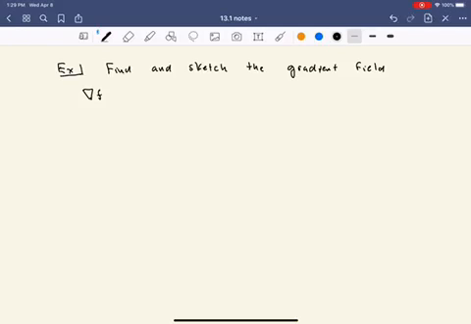Gradient of f, where f of x, y equals the square root of x squared plus y squared. Okay, so let's find the gradient field first. The gradient field is just taking the gradient of that expression.